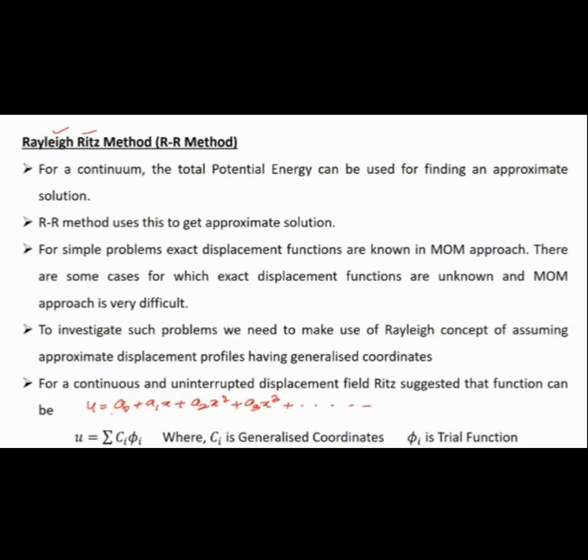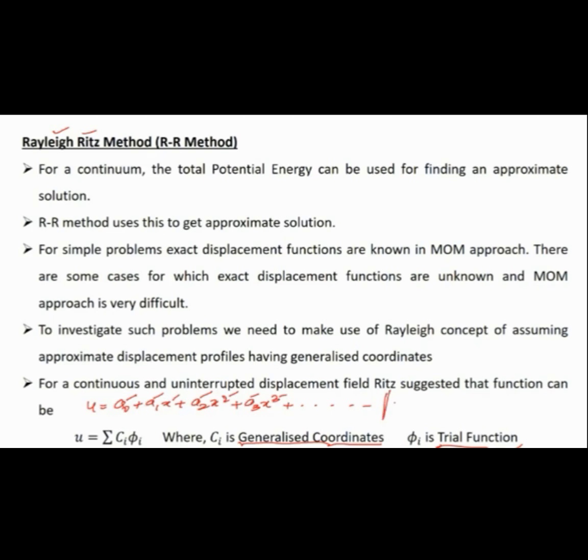Here a naught, a1, a2, a3 are my general coordinates, whereas x, x square, x cube are treated as trial functions. This generalized coordinates concept is given by Rayleigh, and the trial function is considered by Ritz. So altogether, this is what we call Rayleigh's method, in the case of a polynomial function.